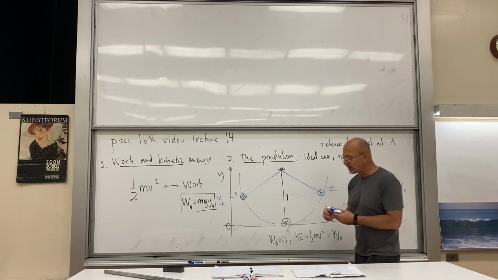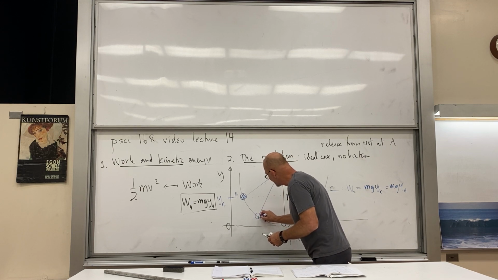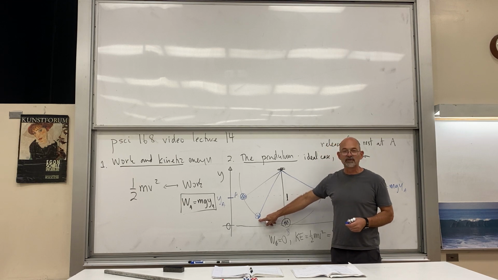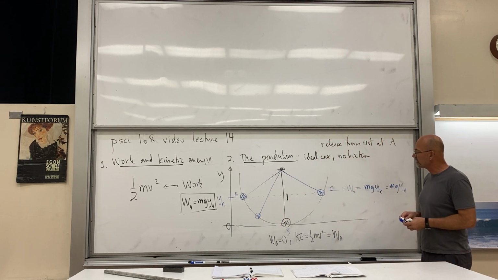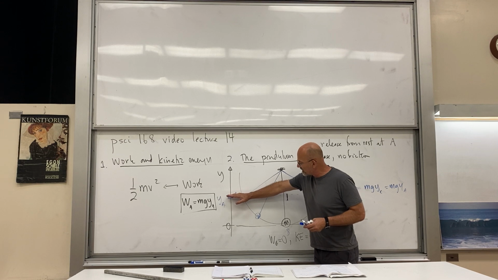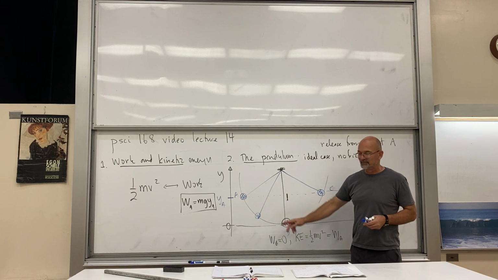And any place in between, for example, we could have a spot in between here. It will be moving and have some work. It'll be a combination of the two. We call this conservation of energy. This phenomenon that if you do a certain amount of work, you have potential energy, in the ideal case always stays the same.